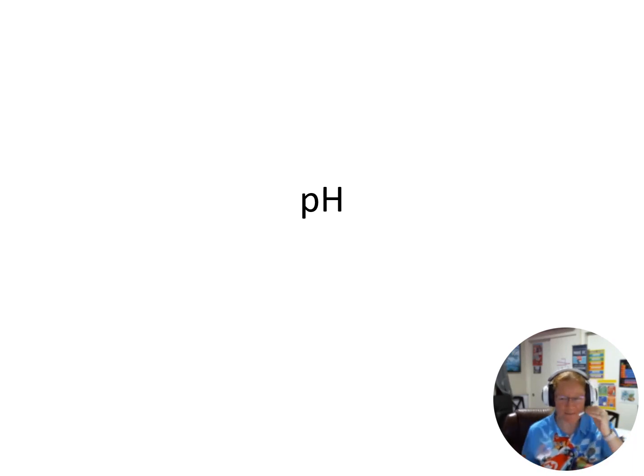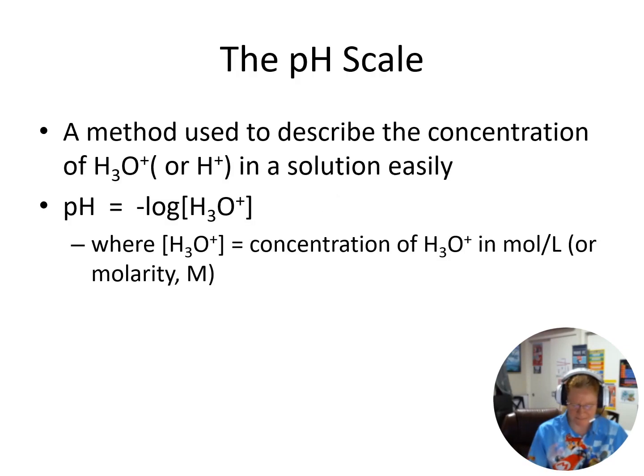The most common way to determine the acidity or basicity of a solution is to determine the pH. So pH is looking at a negative log of the hydronium or H plus concentration. We use hydronium and H plus interchangeably, so you can also do the negative log of the H plus, okay?